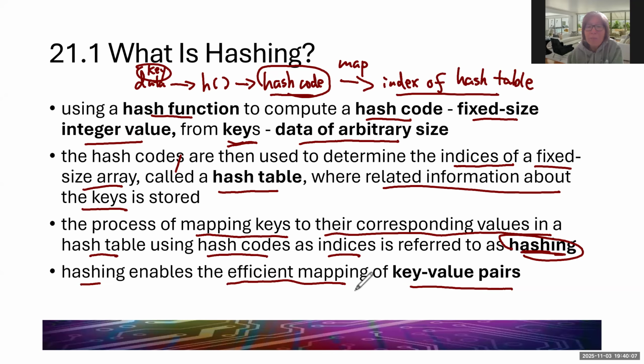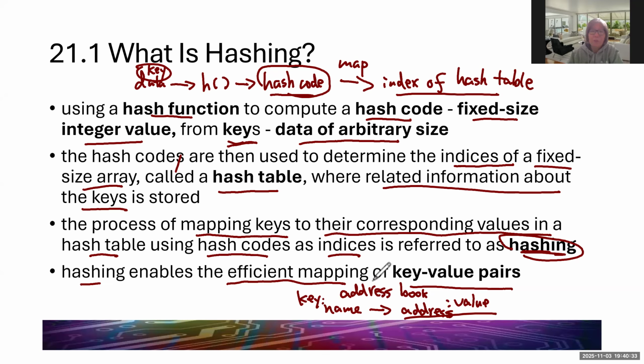One example is an address book. For an address book, you have a name and then you have the address. Here the name is the key part and the address is the value part.